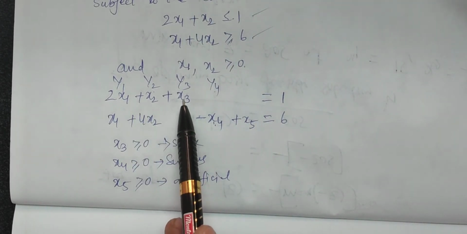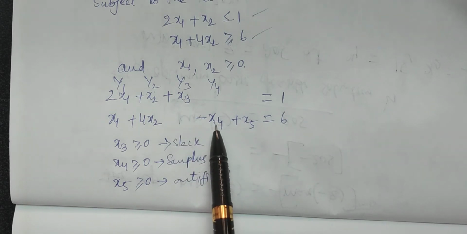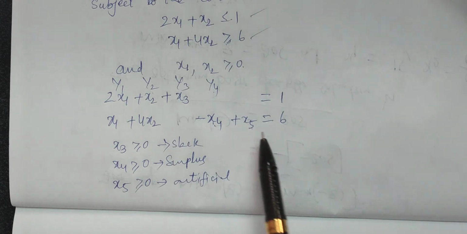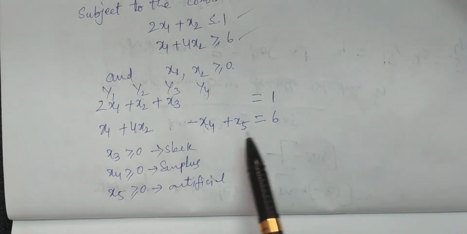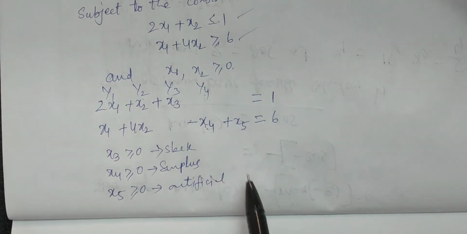We have introduced one slack variable x3 and one surplus variable x4, for which the initial basic feasible solution is not obtained. Therefore we have introduced one artificial variable, called x5, x5 greater than or equal to 0. So these are the variables we have introduced.